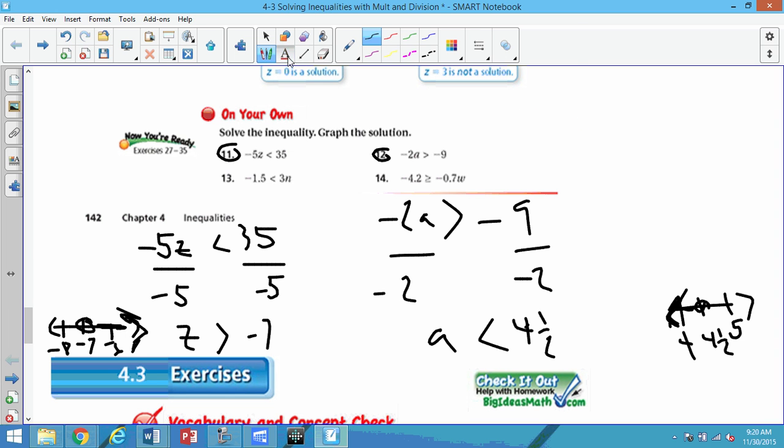When multiplying or dividing, maybe I should put that in here so you guys type it in.